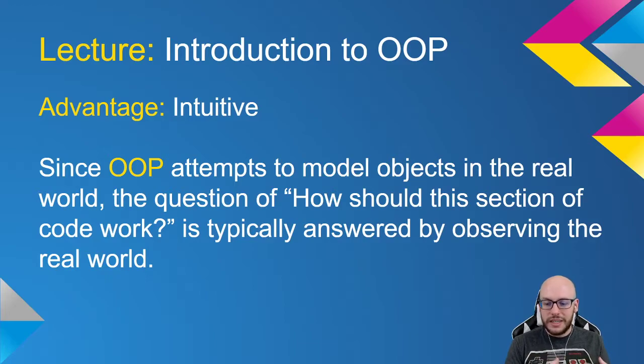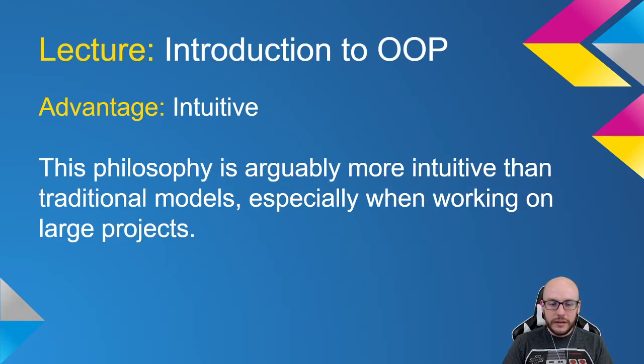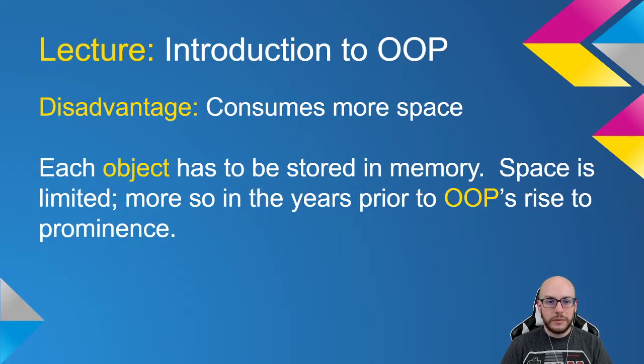As long as we just keep going forward with real world observations, it should stay intact. This philosophy is arguably more intuitive than traditional models, especially when we start working on large projects. So when you get into really big projects, that's where OOP kind of helps you keep things synchronized because the relationship between the classes should just be the same as the relationship in the real world.